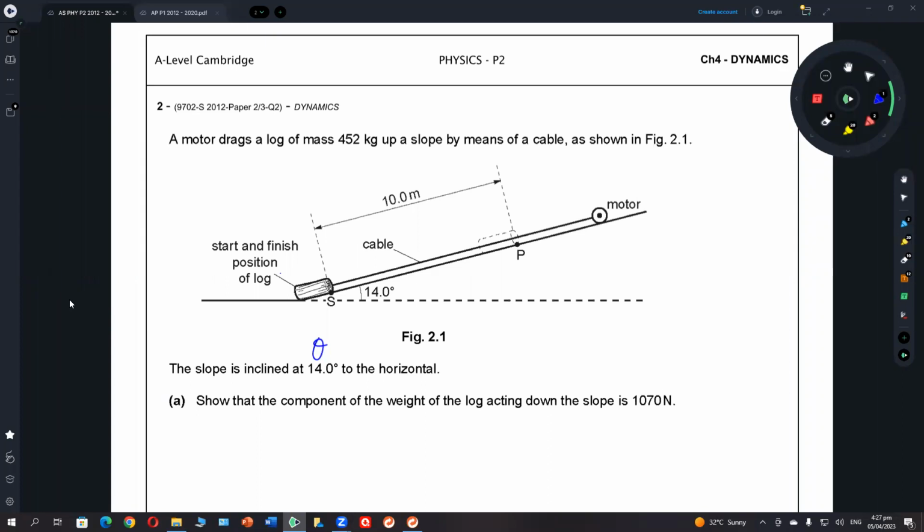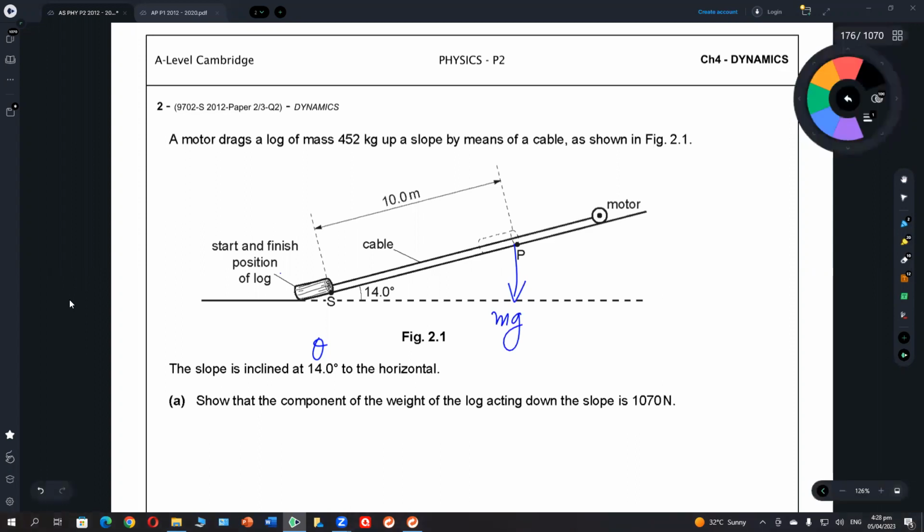So can you help me to recall, if I make here, this arrow is mg. It is at the center of gravity, it will show the weight. And then I resolve it. Remember, we had a resolution sign here, the mg cos theta and mg sin theta.